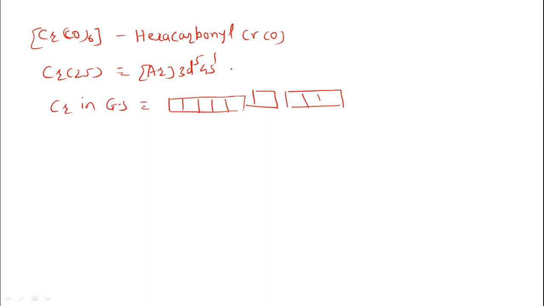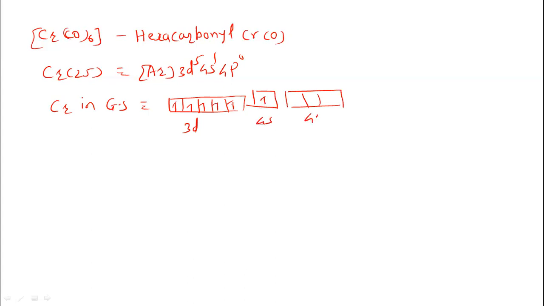In the valence shell the 4p orbital is also there, which is empty. So the 3d orbital has 5 electrons, and in this complex the oxidation state of chromium is 0. This is 4s1 here.